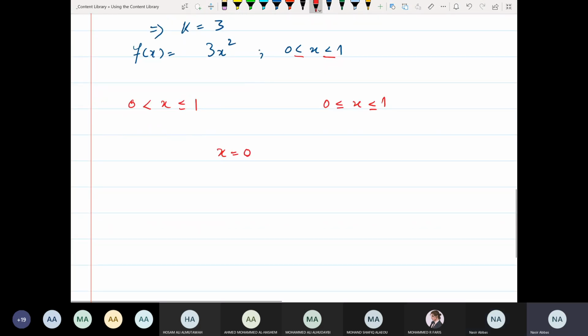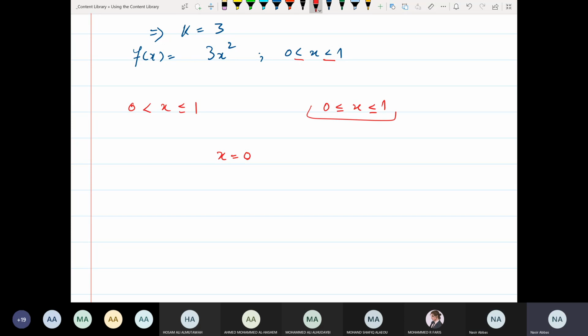Now, in this domain, I'll talk about the second one. In this domain, there is one value that is x equals 0. How many total values of x are there in the domain? The values between 0 and 1.